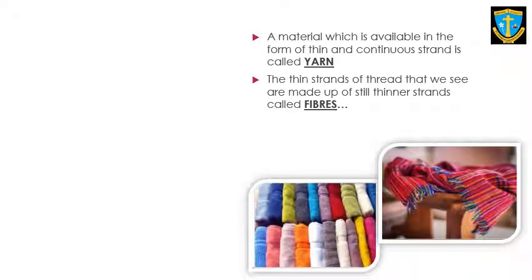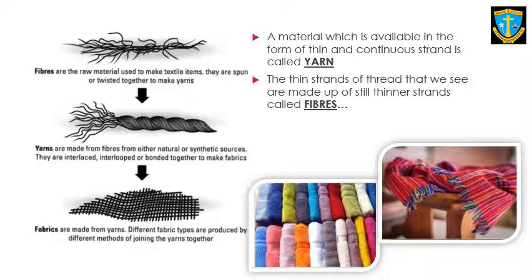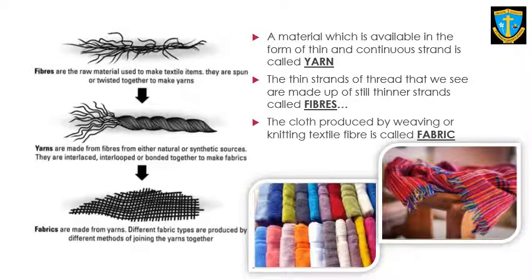The thin strands of thread that we see are made up of still thinner strands called fibers. So from the fibers yarns are made, and from the yarn the fabric is made. The cloth produced by weaving or knitting textile fiber is called fabric.